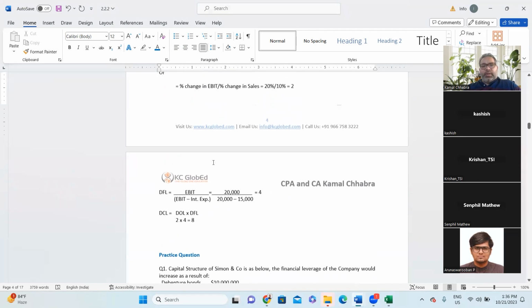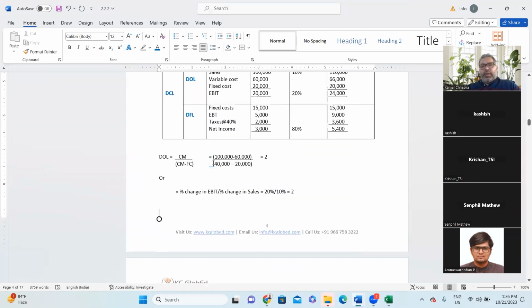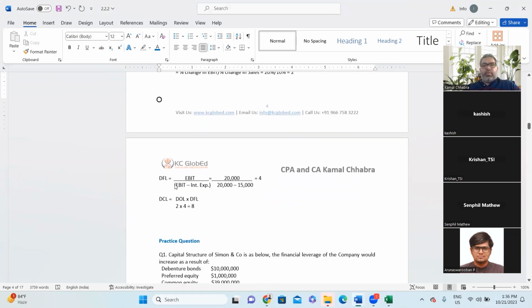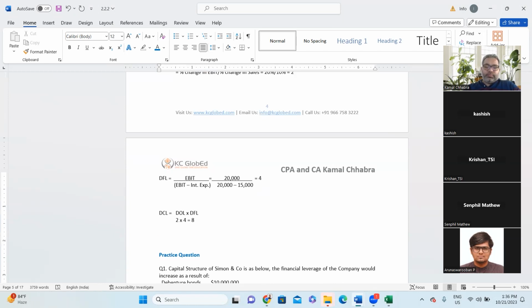So earnings before interest and tax you have already calculated as 20,000, right? And your fixed cost is 15,000, and your EBIT minus interest expense of 15,000 is $5,000. So your financial leverage is 4 times, right? Clear.